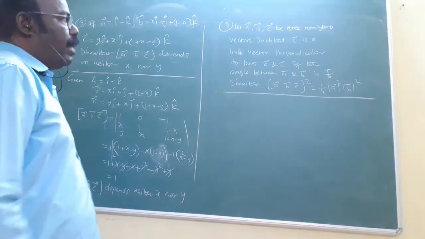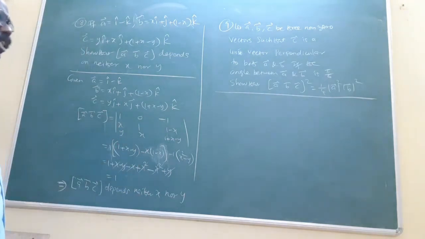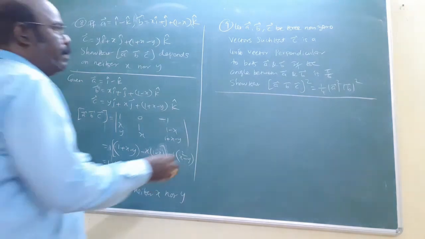Now, another question, using this box product only. A vector, B vector, C vector are three non-zero vectors. Now C is a unit vector. That means what?